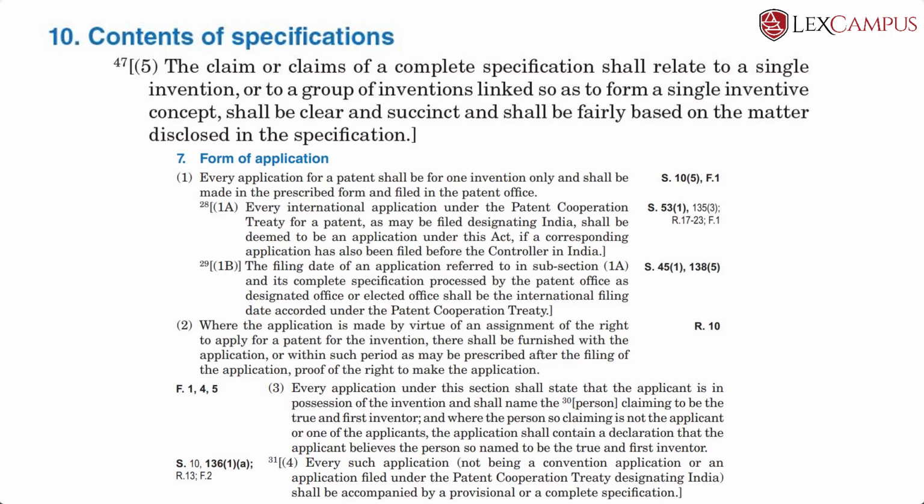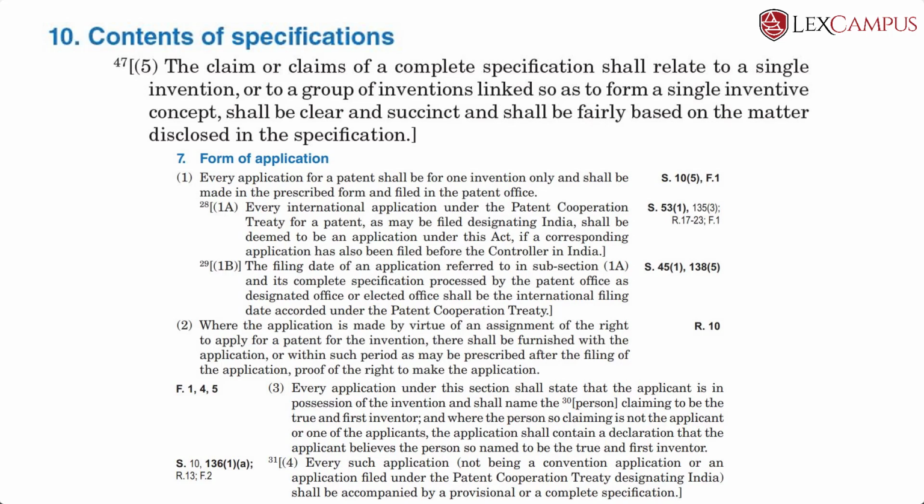So, if there is any ambiguity, or if there are words that are not clear, or words that are capable of multiple meanings, words that are ambiguous or vague, then those can actually come in the way of the grant of a patent. So, the fact that the patent is granted implies that the patent clearly and succinctly communicated the invention.